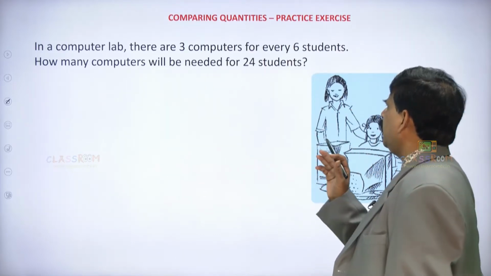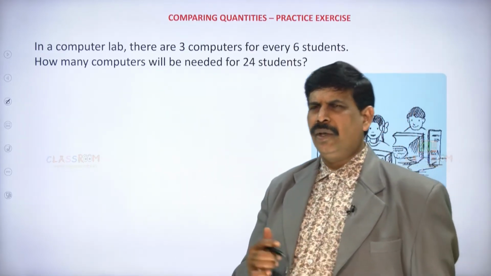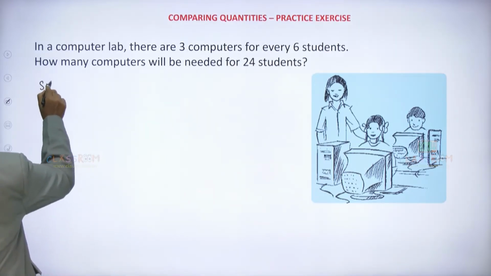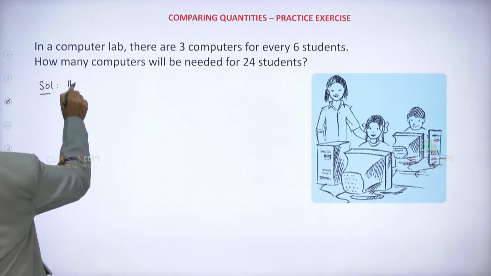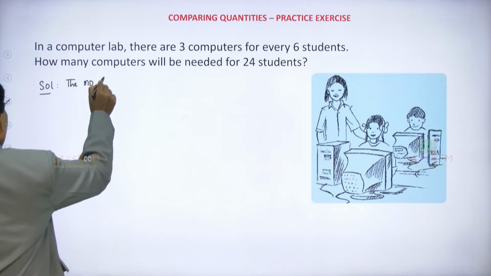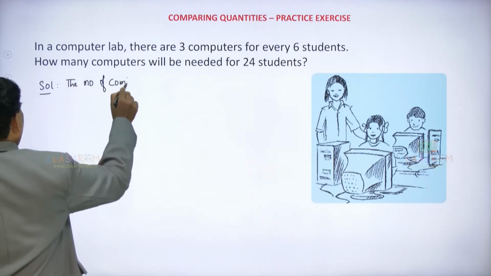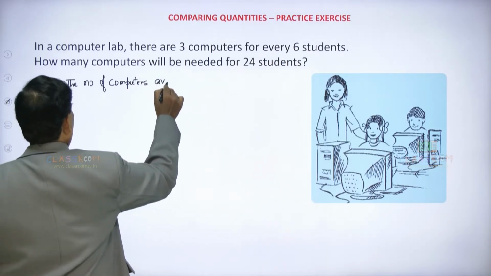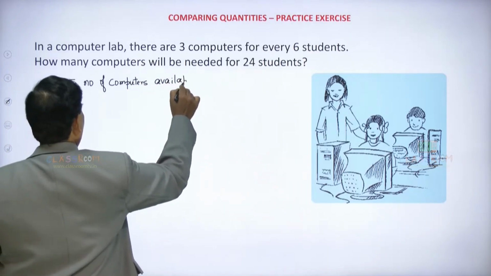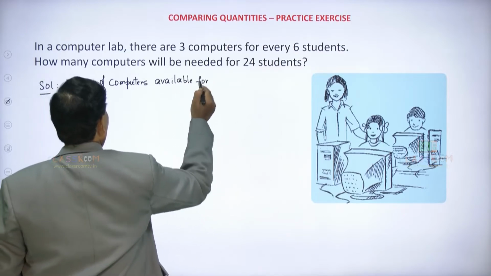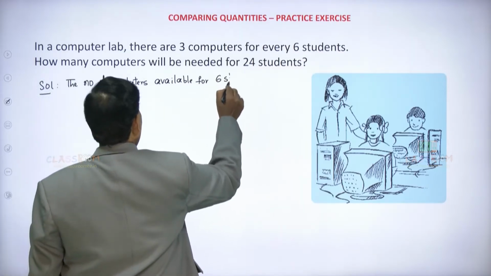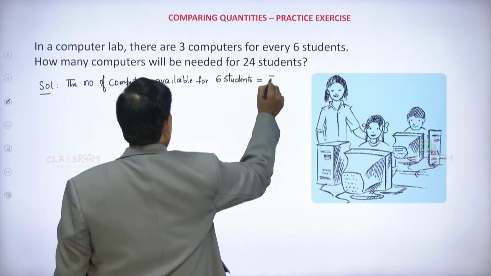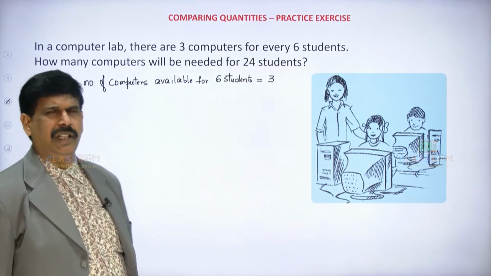Here, 3 computers for every 6 students. So the number of computers available for 6 students is equal to how many are available? 3 computers are available.